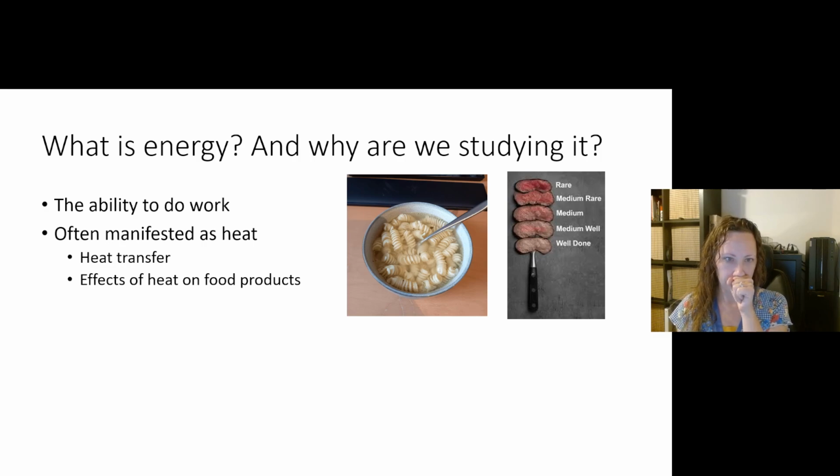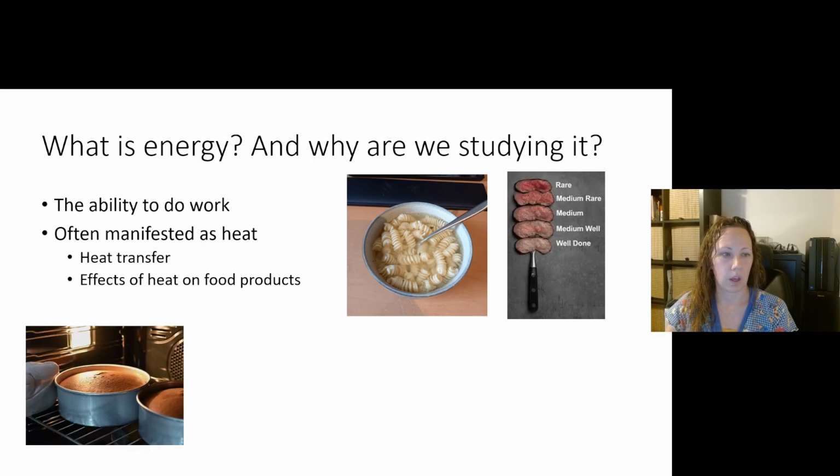How well done steak is another example. There is a difference in not only what it looks like, but as you should have noticed if you were on the field trip, the texture and tenderness of steak, depending on how well done it is.